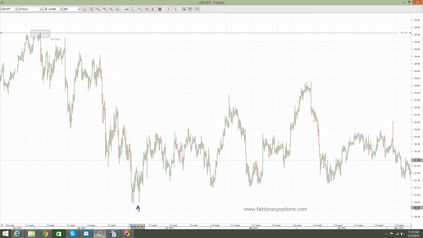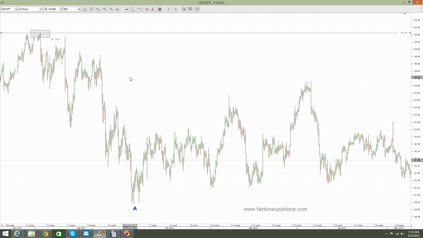This wave A here is formed either by an ABC like this with a falling wedge, or ABCX and then ABC. So either a double combination or a classical elongated flat pointing towards a triangle on the bigger degree. It doesn't really matter. What's important is that this is a three-wave structure.